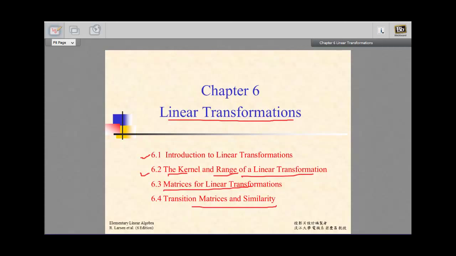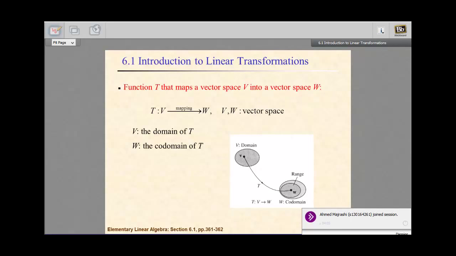So let us see the definition or the introduction of a linear transformation. It says that a function T maps a vector space V into a vector space W. The linear transformation is denoted by T from V to W, and V and W are vector spaces. So this is a basic concept, and this is the figure.